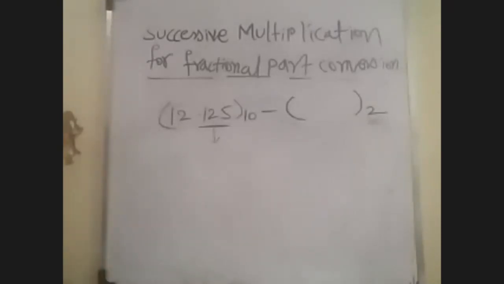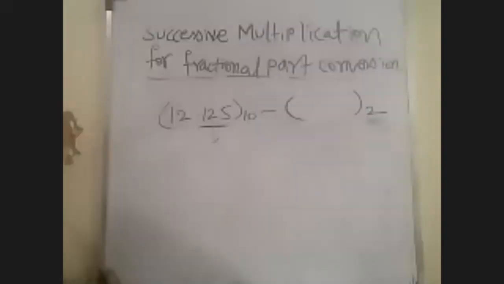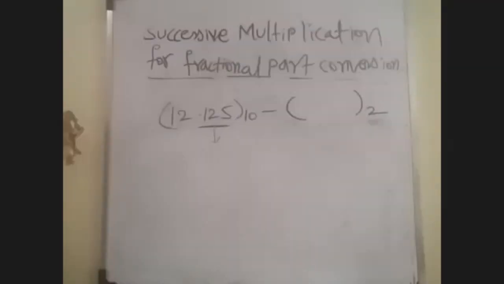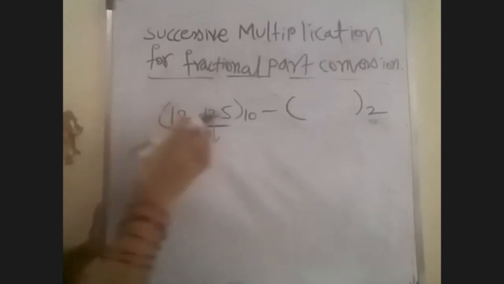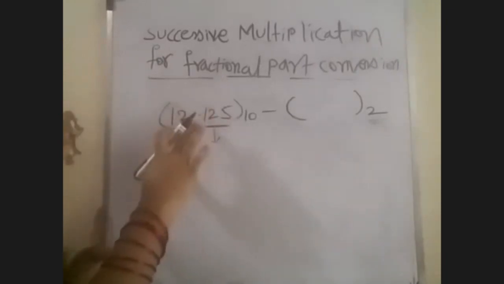These first and second steps are repeated until the fractional part of the product becomes 0. These are the 4 steps to convert decimal to any radix in successive multiplication for fractional part conversion.